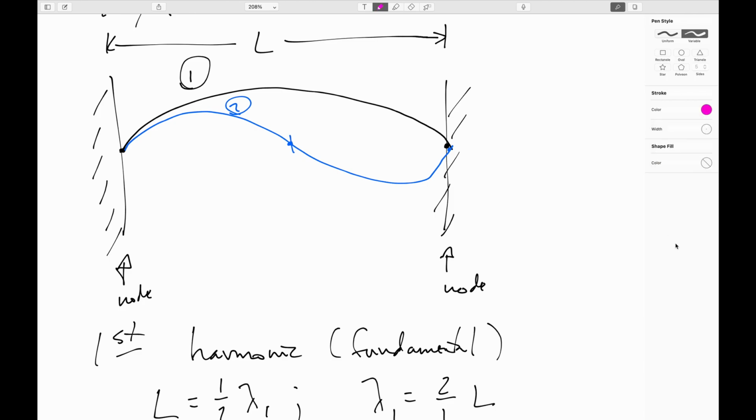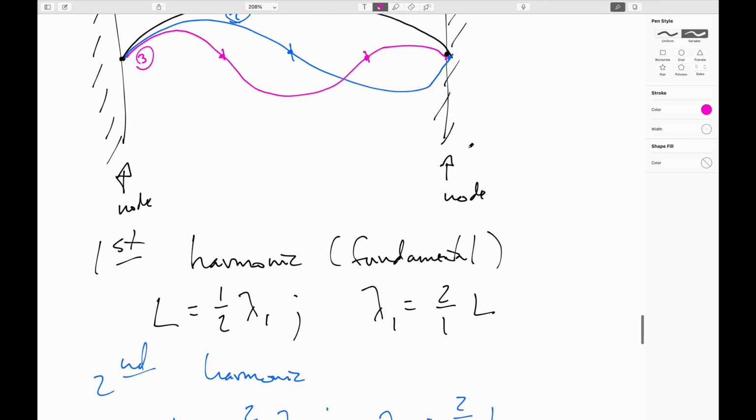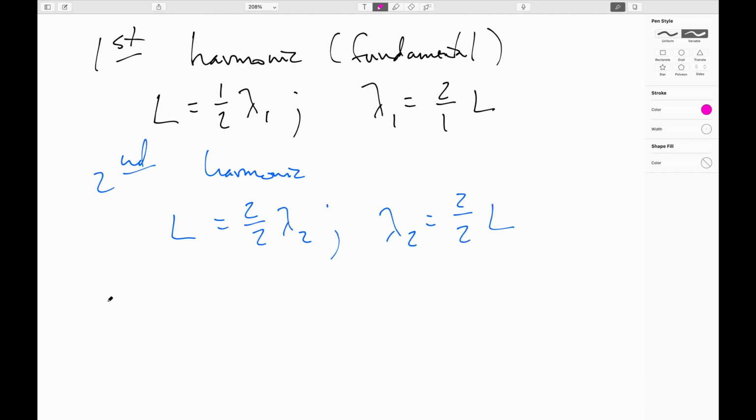All right, what's the next one we can do? Well, we still need to have a node here. So the next possibility would be if I cram 3 loops in. So this would be choice 3. So this would be a node right here. That would be a node right there in addition to that. So 1, 2, 3 loops. So this would be my third harmonic.